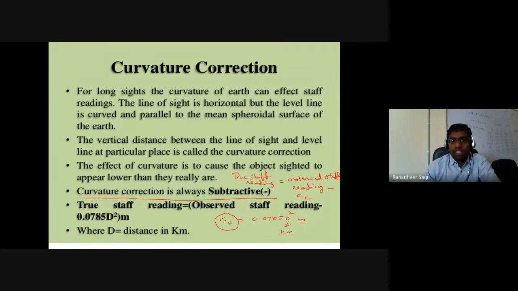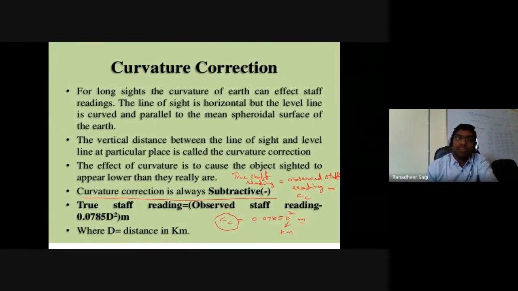Why are we saying minus? Because the curvature correction is always negative: the position of the object sighted appears lower than its exact position, so the observed staff reading is going to be higher than the correct value.